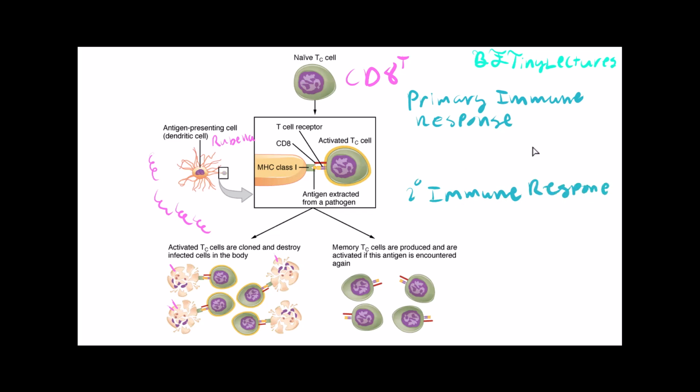The primary immune response happens when we don't have a prior experience with a virus. In this case, we're dealing with viruses since we're dealing with CD8 cells. So let's say that for some reason I was never given the rubella vaccine, and somehow I contract rubella.